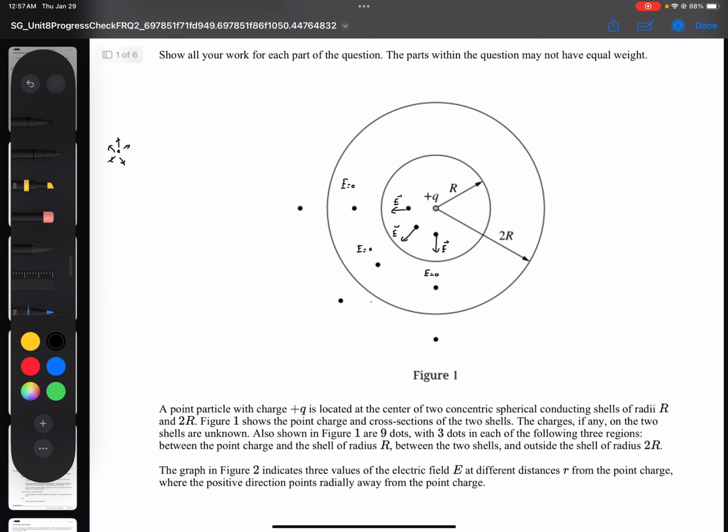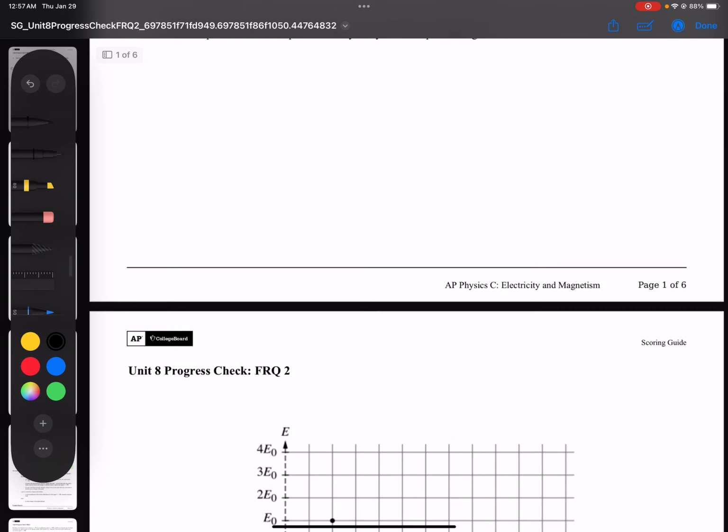If I have a negative field, radially outward is positive and radially inward is negative. So these are my electric field directions. We don't need to figure out the magnitude; we'll figure out the magnitude of the charges in the next problem. As long as you got the direction, we have radially inward and radially outward for this system.